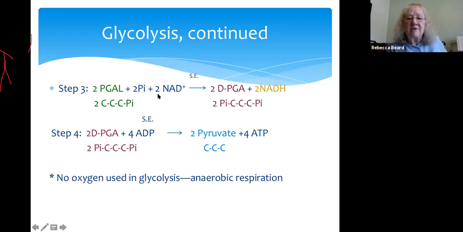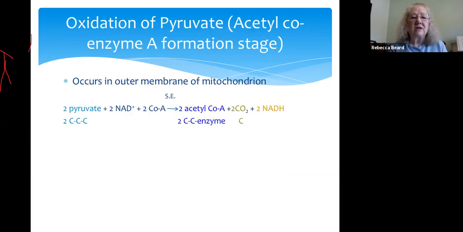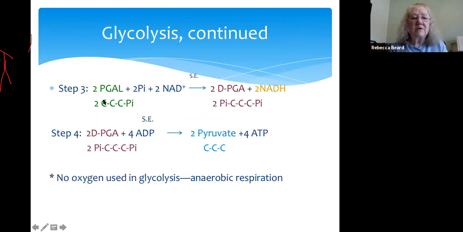So we have the NADs here, and they're going to enter into our reaction. So we've got, oops, sorry, went too far. So we've got our PGAL here, 2 phosphorus and 2 NADs. That's our reactants.